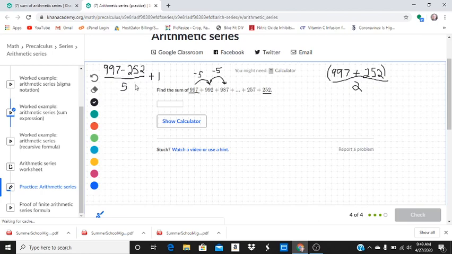So we get 149 plus 1. That's 150 terms. So we're going to multiply this whole thing by 150, and that's the sum of the 150 terms.